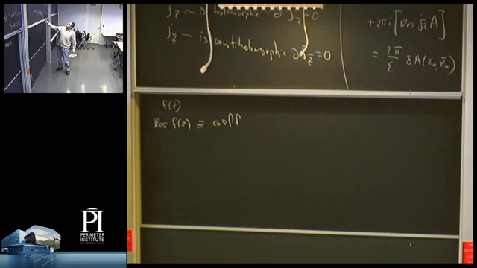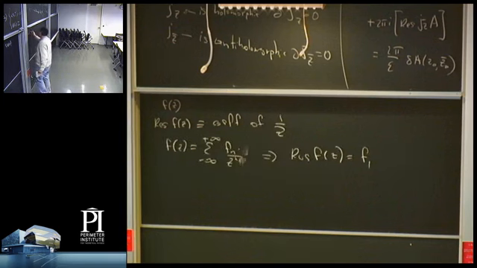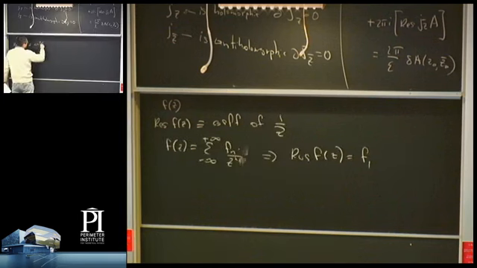So let me just remind you what the residue is. If I have a function f of z, then the residue of this function is the coefficient in a Laurent expansion of this function, and we pick up the coefficient of 1 over z.